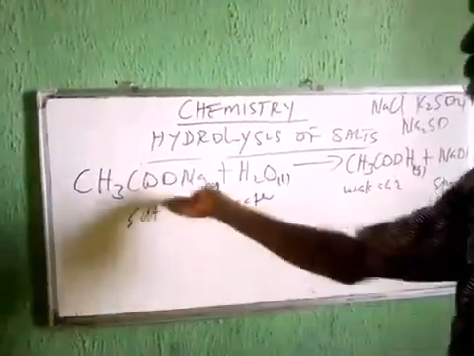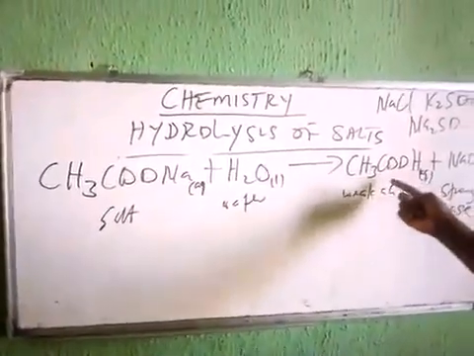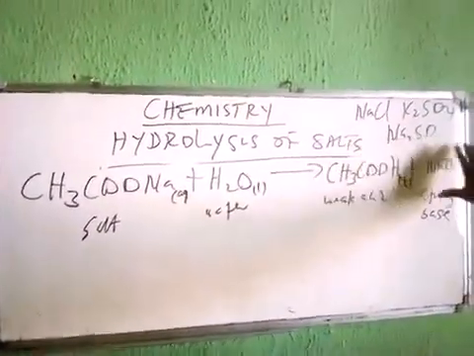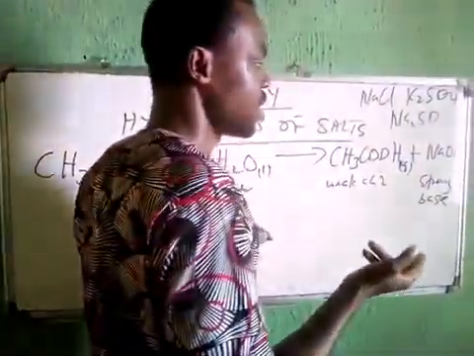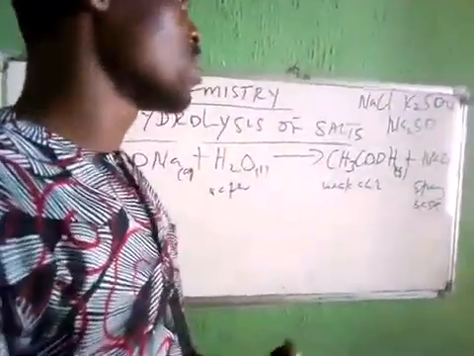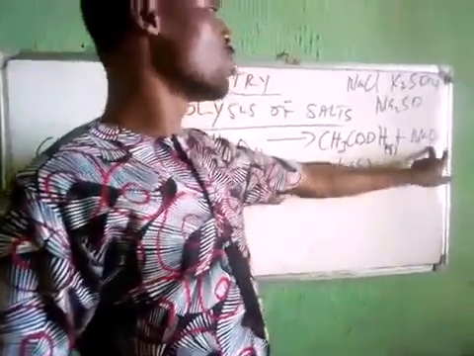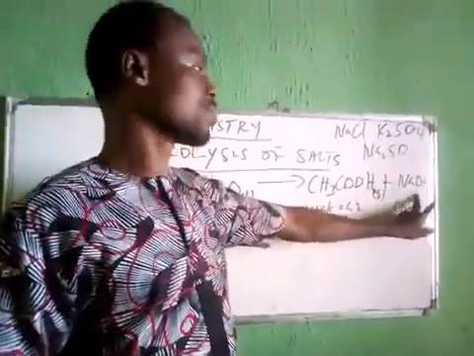Now this is a hydrolysis of a salt that results in the formation of a solution that has a weak acid and a strong base. Such a solution is going to have a basic property. If you test it with pH, it's going to be above 7 because of this strong base. This strong base will have influence.